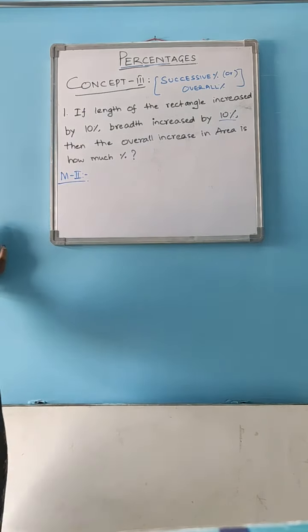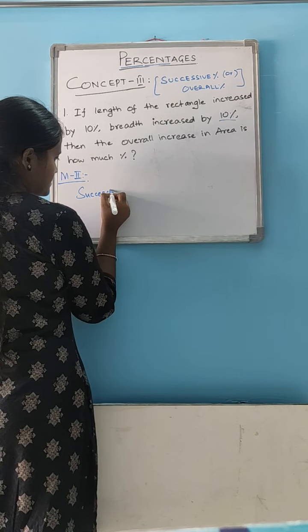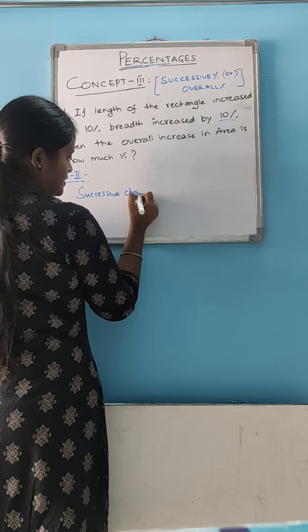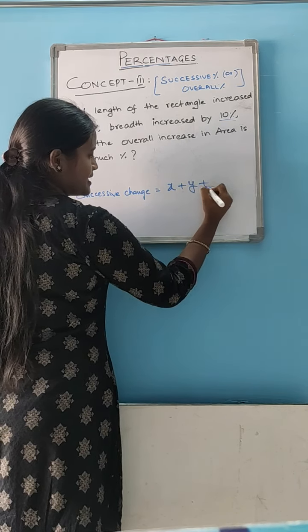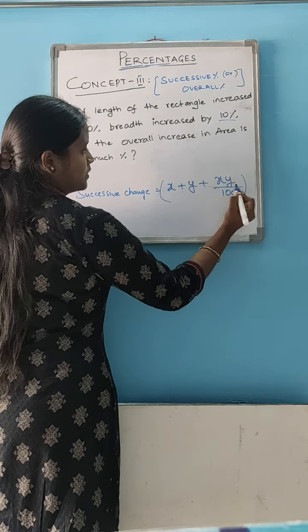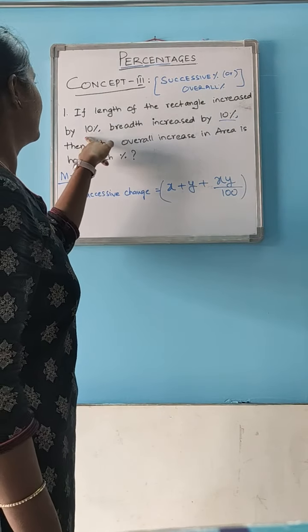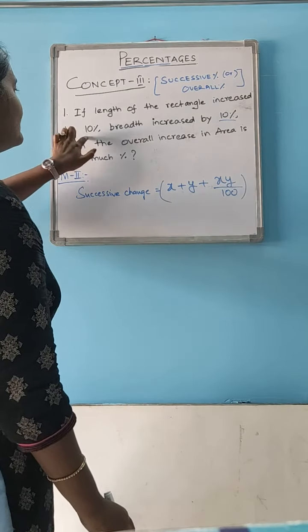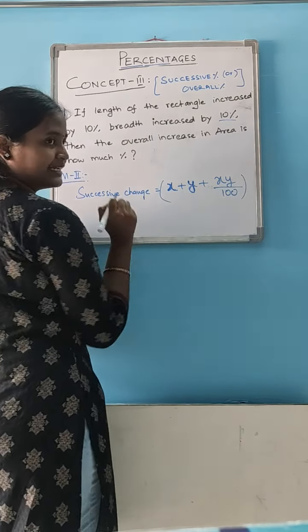The second method to solve this problem. Second method is, there is one formula for successive change. Successive change is equal to x plus y plus xy by 100. Here x is the first increased value, the length increase, and y is the second increased value.